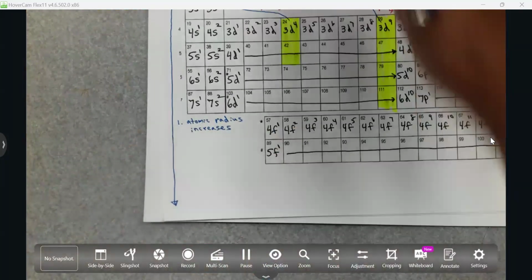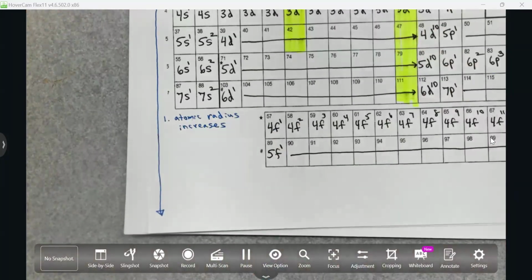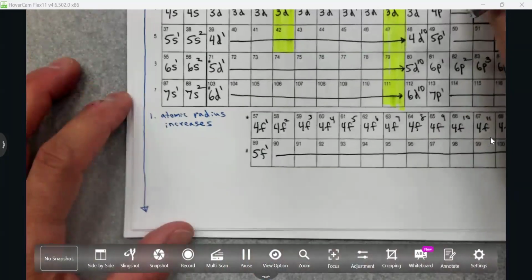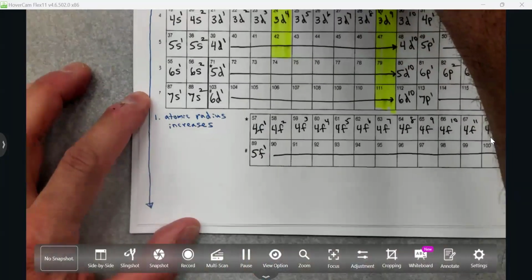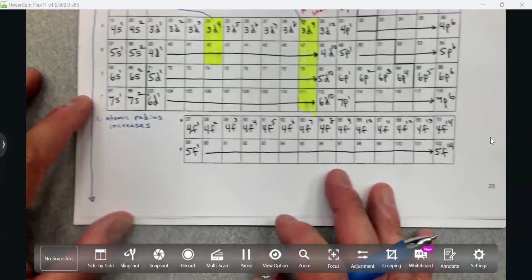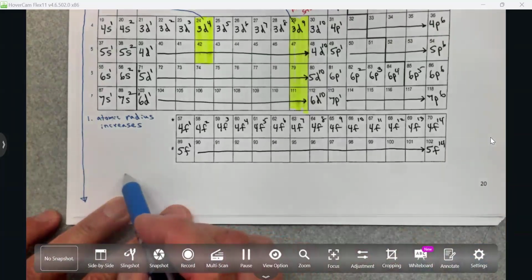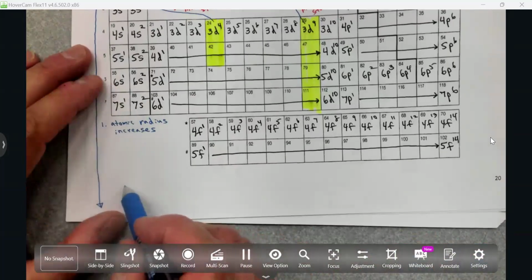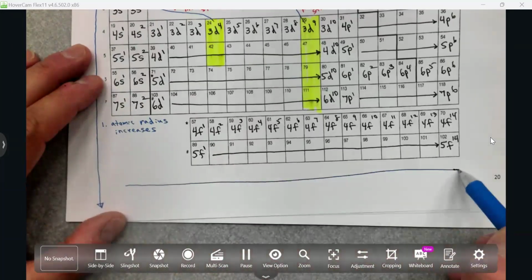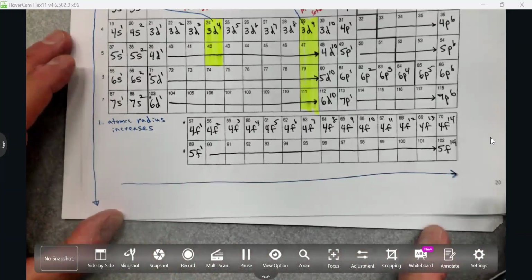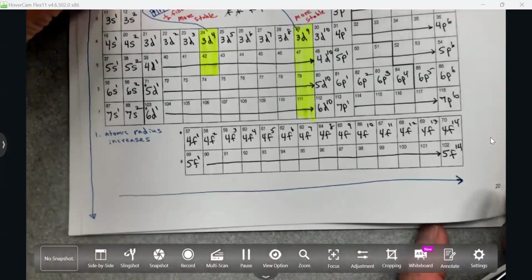Atomic radius is going to increase going down. And I'm going to make the arrows go the same direction. And now I'm going to go across. And I'm going to draw an arrow from left to right.